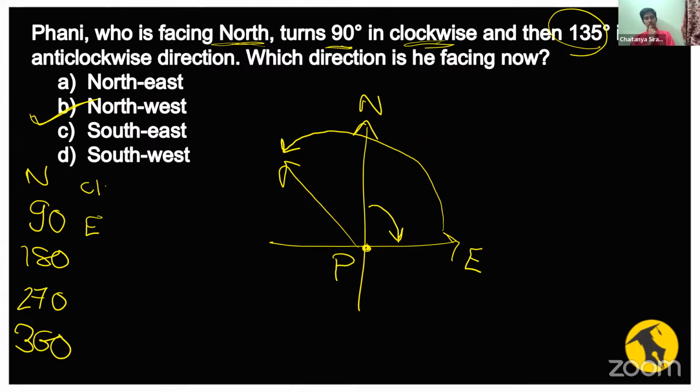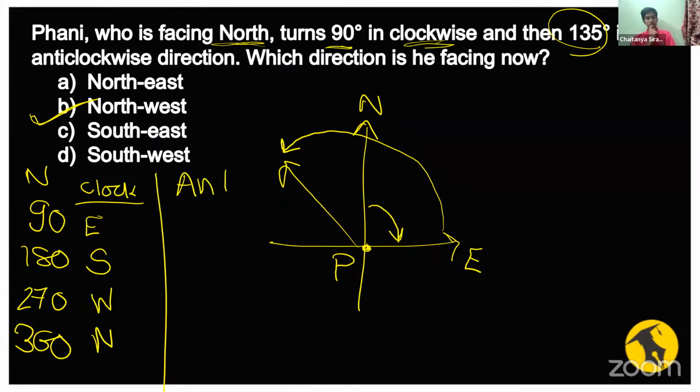Then 180 would give you south, then west, and then again north. Had it been anti-clockwise, you would get west, south, east, and again north.